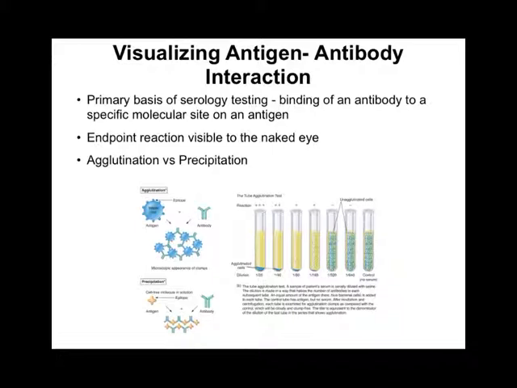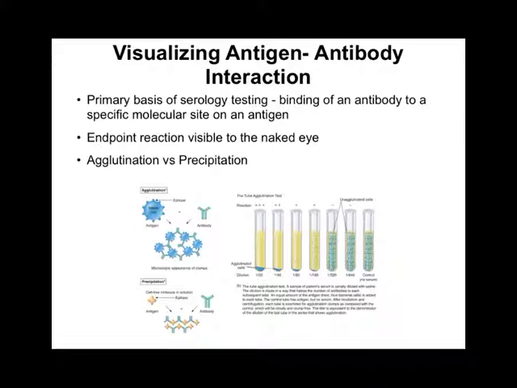So the primary basis of serology testing is the binding of an antibody to a specific molecular site on an antigen. In this case, the endpoint reaction is visible to the naked eye. When we consider agglutination versus precipitation, we're really just talking about a difference of whether whole cells are clumping around antibodies or there are complexes in free solution of antigen fragments and antibodies.